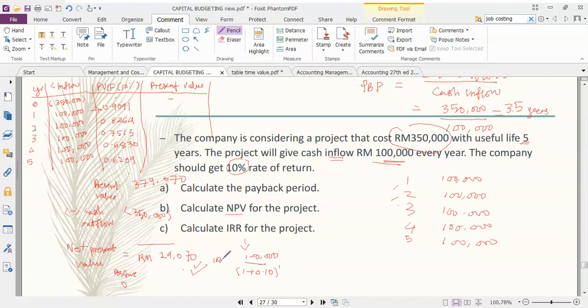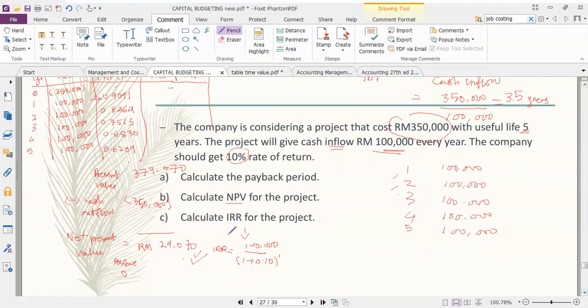So IRR is equal to 100,000 divided by 1 plus 0.10 to the power of 1, plus 100,000. How do I get the 0.10? Because the rate of return is 10%.